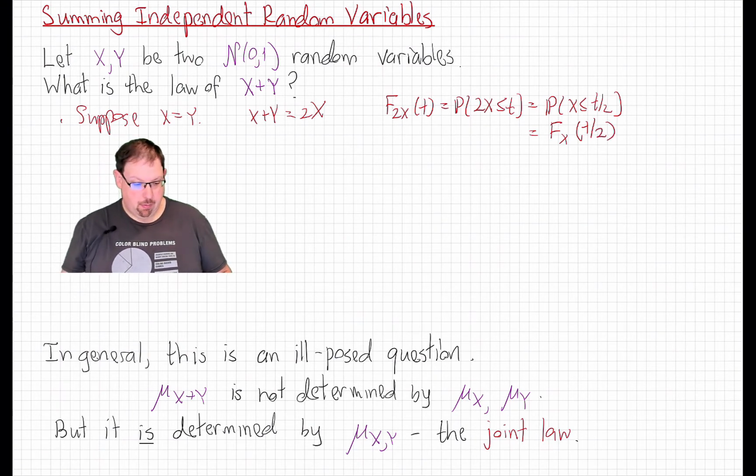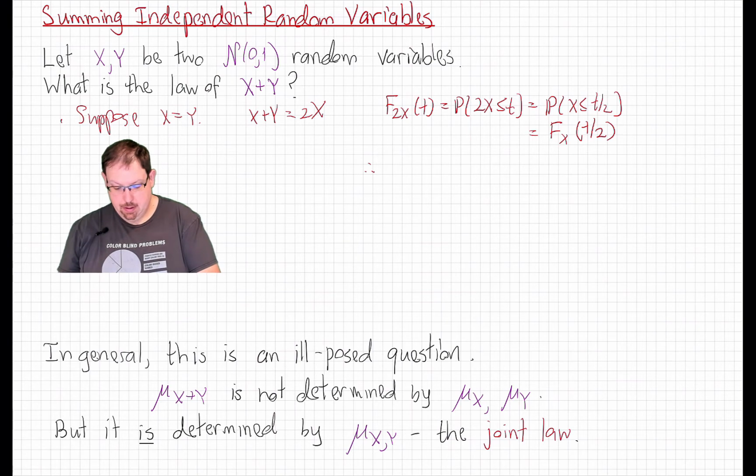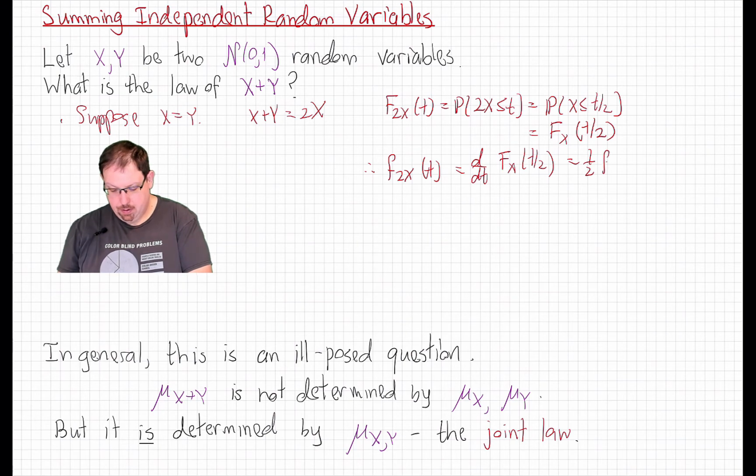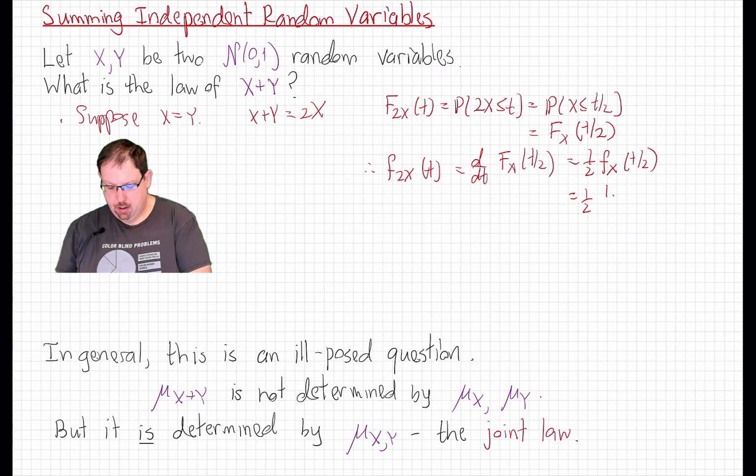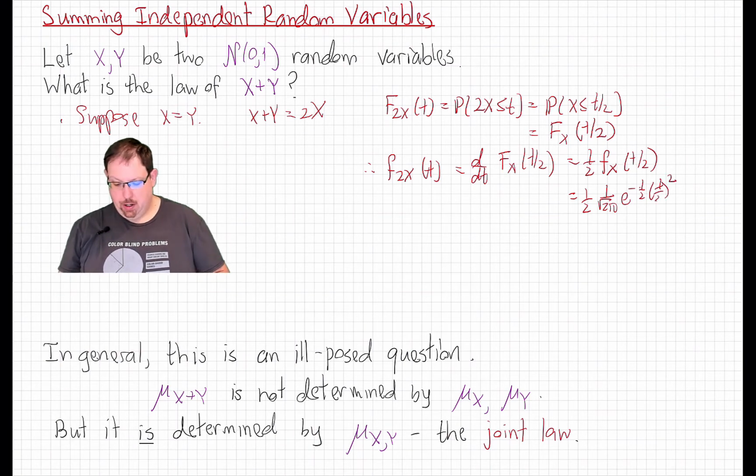Now in this case we have a random variable with a density, and therefore that density, often denoted a little f_X, is the derivative of F_X at t over 2, which is 1/2 the derivative F_X, which is the density of X, at t over 2. We know the density of a standard normal, so this is 1/2 of 1 over root 2 pi, e to the minus 1/2 of (t over 2) squared.